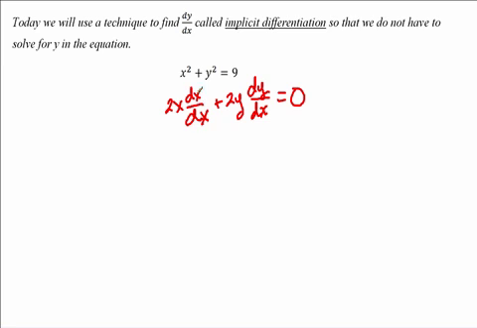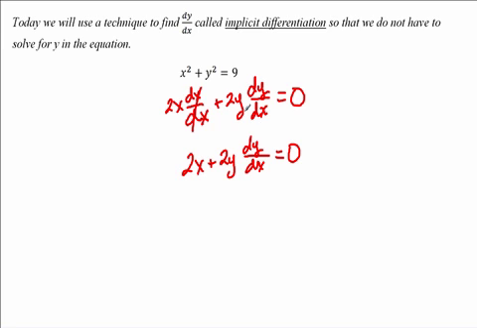Now dx/dx is simply 1, so we really don't write it. But I wanted to show that to you, that we actually do that. It is the chain rule component when you take the derivative of x, and the dy/dx is the component when you take the derivative of y.